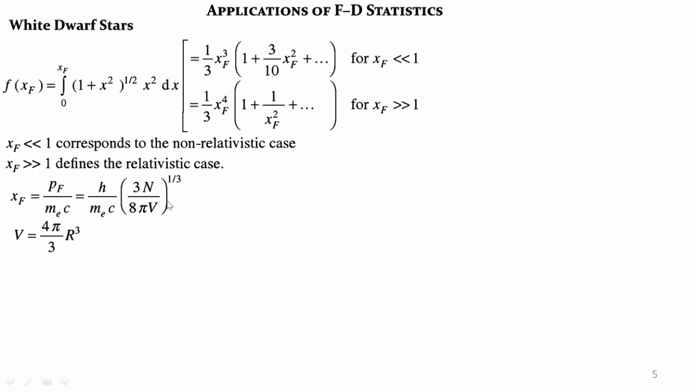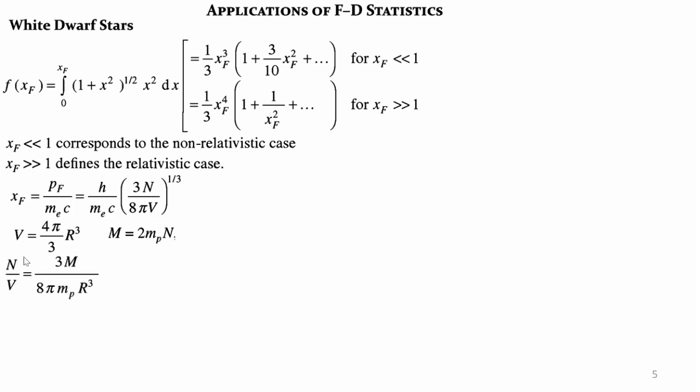Fine. Now, we know the volume is equal to 4/3 π r³. We know the mass, which we had written in the beginning of this presentation. This is how we can write this.